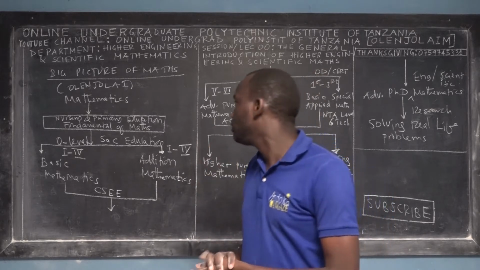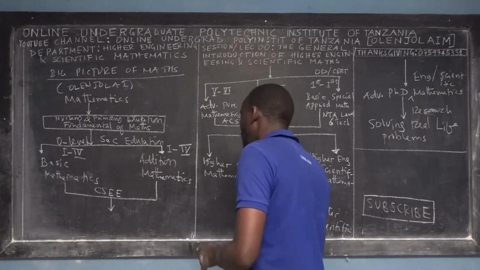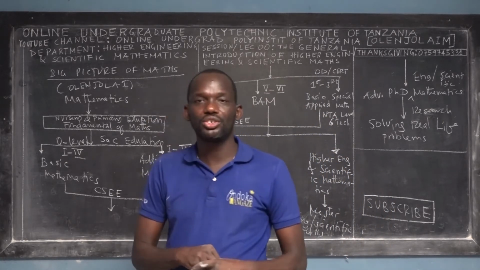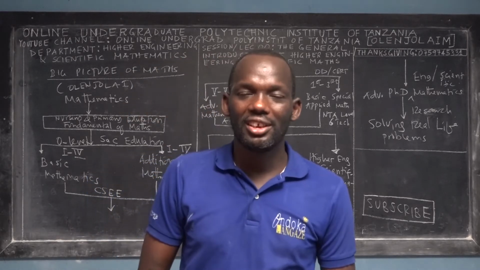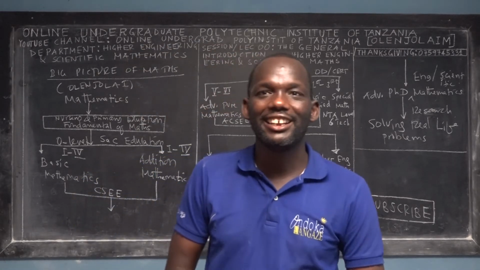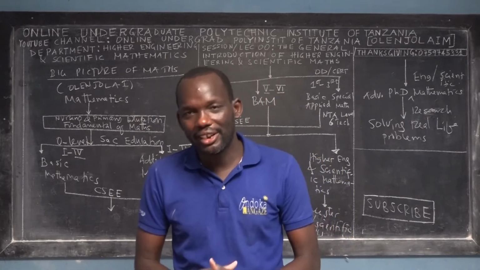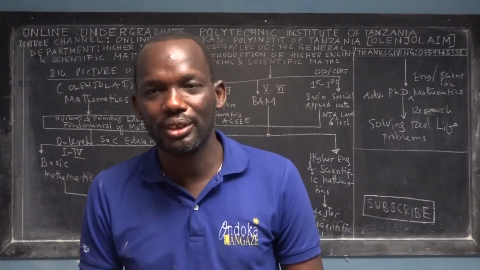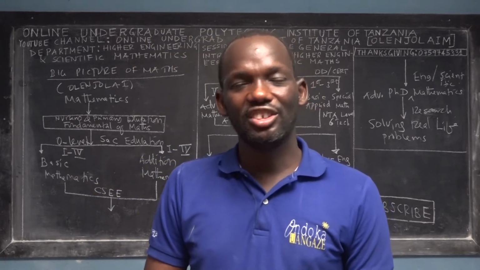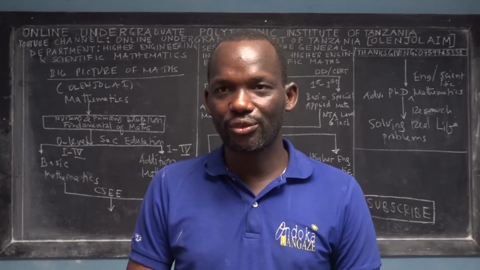Currently I will be teaching you at this level, and I will try my level best so that you love it, because possibly you still have a journey in engineering and scientific mathematics. I am praying to God to help me make sure you love engineering and scientific mathematics for the rest of your life.